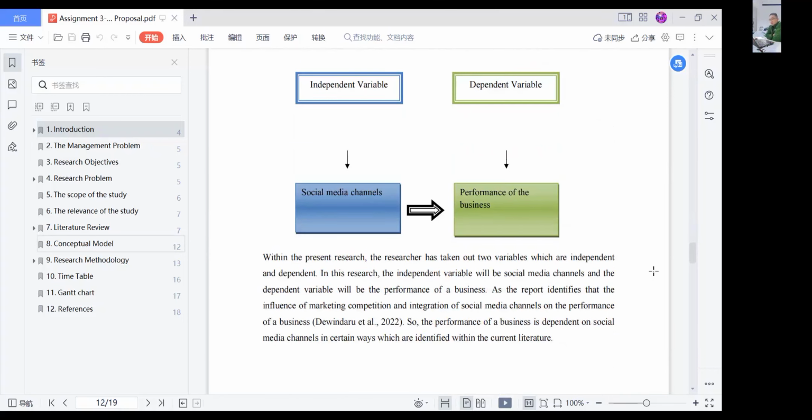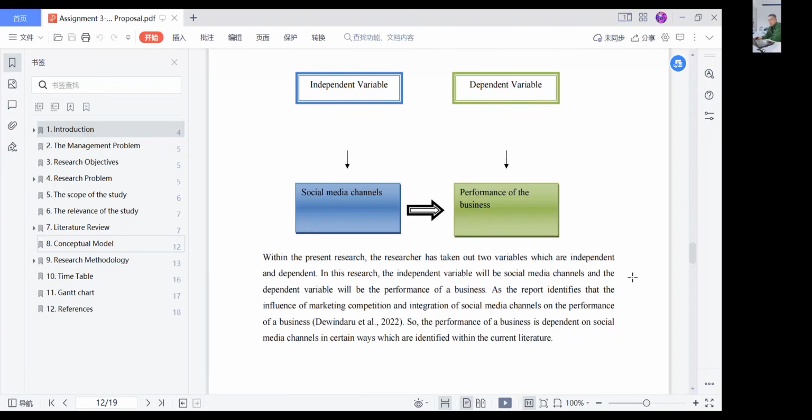Within the present research, the researcher has taken two variables, which are independent and dependent. In this research, the independent variable will be social media channel and the dependent variable will be the performance of the business.